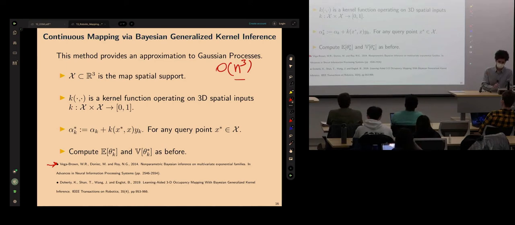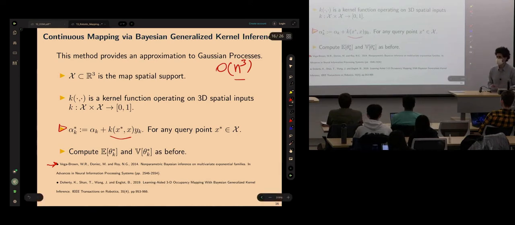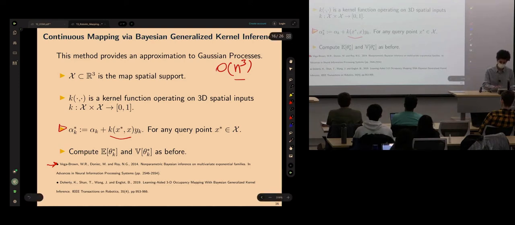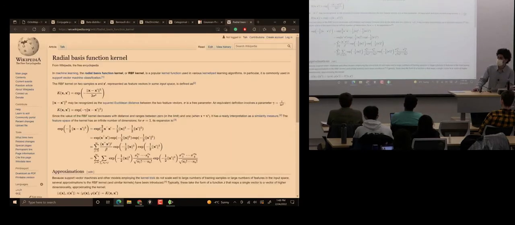And then when we run the same calculations, the result is that to update the posterior hyperparameter, we just need to weight each measurement by its correlation with its neighbor using this kernel. The kernel that you can model, it's up to you. And the default can be this Gaussian kernel or radial basis function kernel.